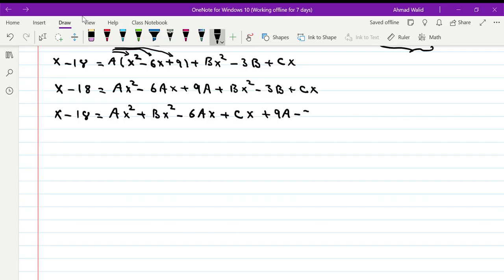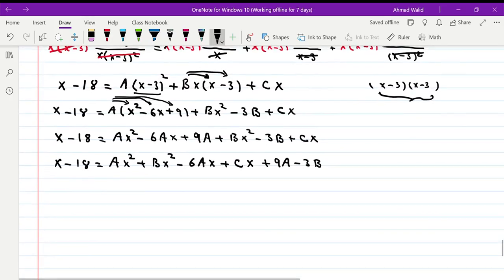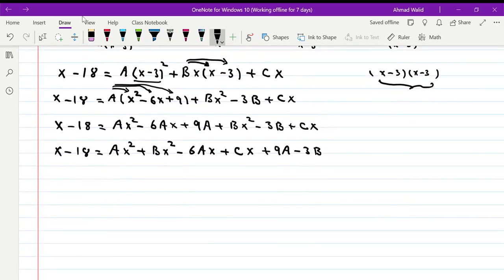Okay, let's order it a little bit because I missed one of the x's.